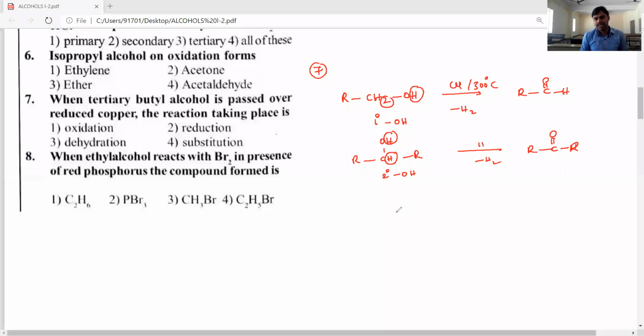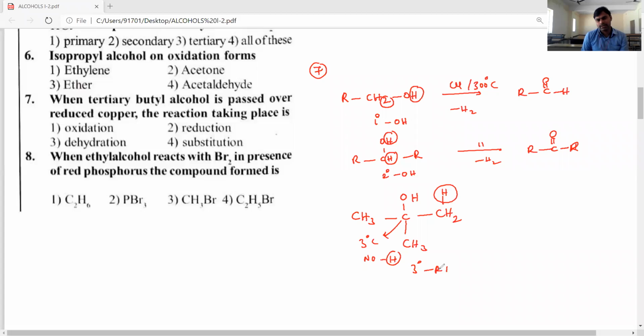But what about tertiary alcohols? Tertiary alcohols undergo dehydration, loss of a water molecule, converting into alkenes. CH3, C, OH, CH3, and here CH3. Now here, at the tertiary carbon, there are no hydrogens. It is a tertiary alcohol.